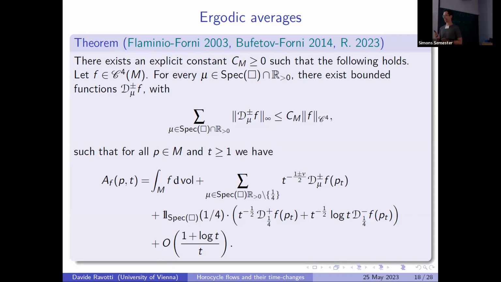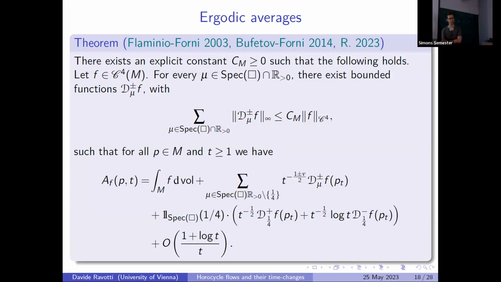So you don't hope to have some bound that is also uniform in the point, but you can have statements of the form: if my point is Diophantine in the sense that Reinhold was saying, then you have at least some upper bounds on the ergodic averages. The results in this direction, as far as I know, were investigated by Strömbergsson.